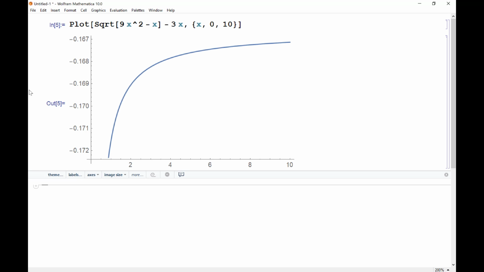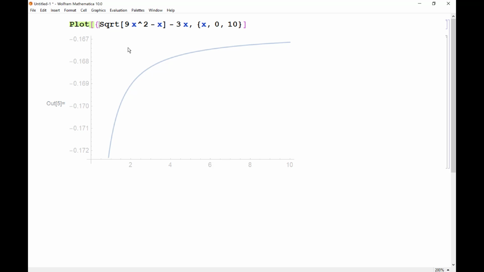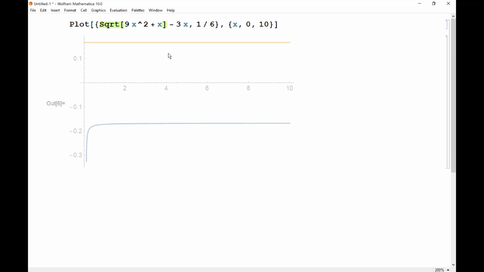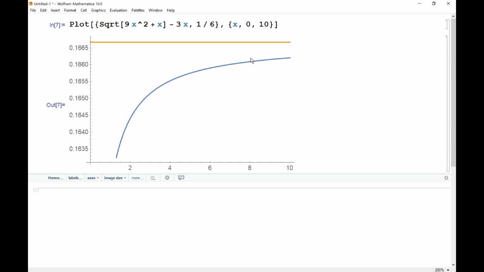I can definitely see the trend line here, but wait a minute, this is at negative 1.67. Shouldn't we get the value of 1/6, which should be our horizontal asymptote? Well, that's way up there, so what did we do wrong? Aha. We said 9x squared minus x, it should be 9x squared plus x, and there we can see it.